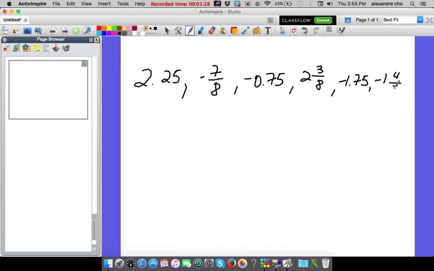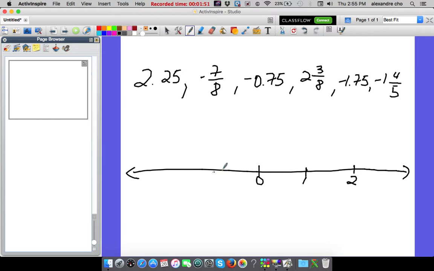Okay, so we have a couple of fractions here. Let's see if we can do this without changing them to decimals. I would definitely set up a number line, just to place these rational numbers on it first, and then order them.